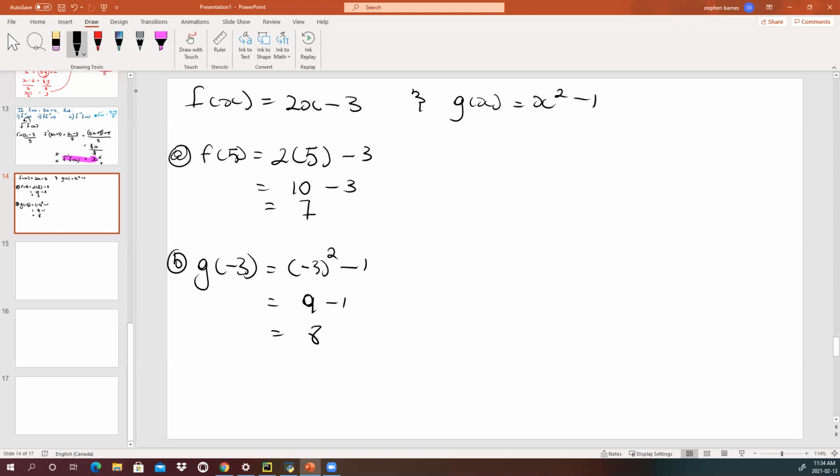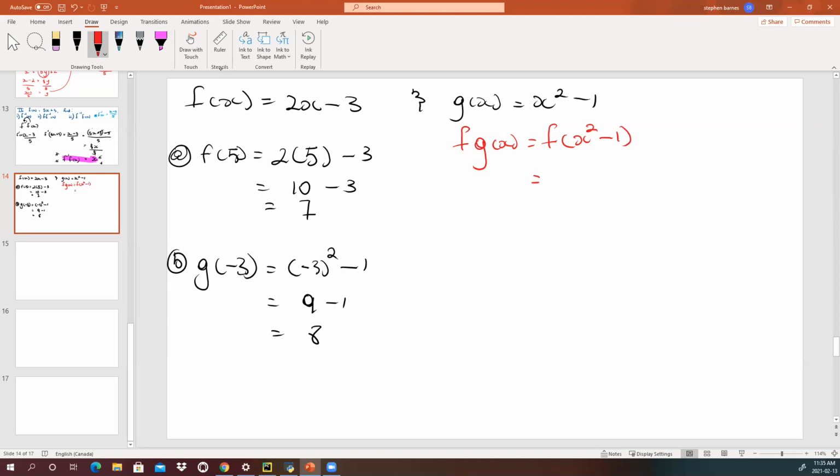Good. Then we are asked to find the composite function f of g of x. So we're putting the g function into the f function. We are basically doing f, and wherever we see x, we're going to put the g function, which is x squared minus 1, right?